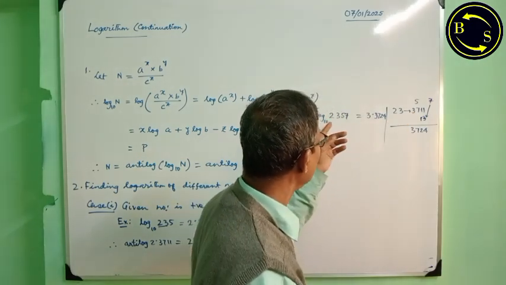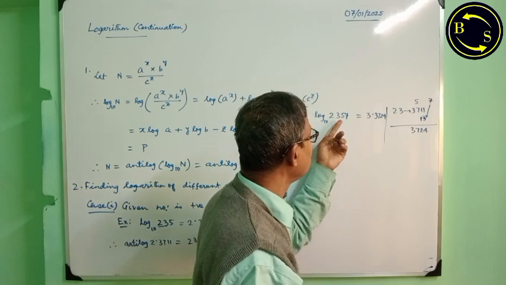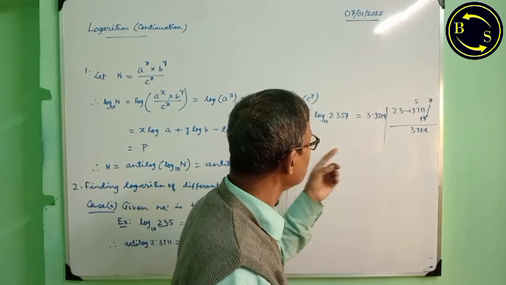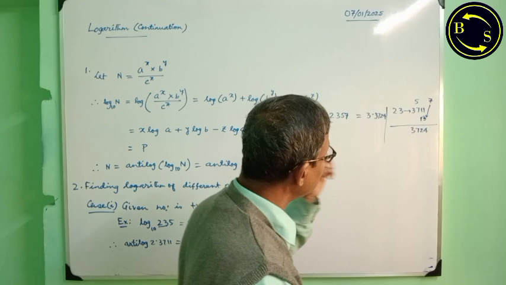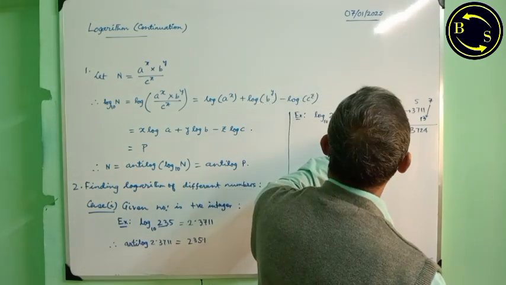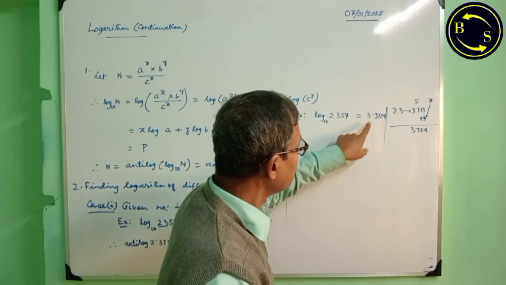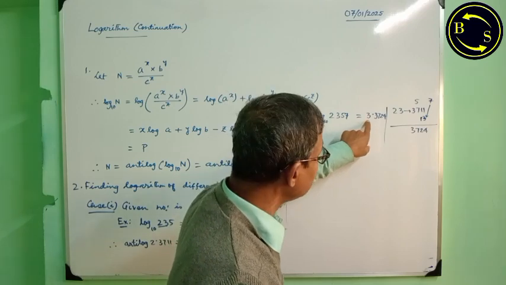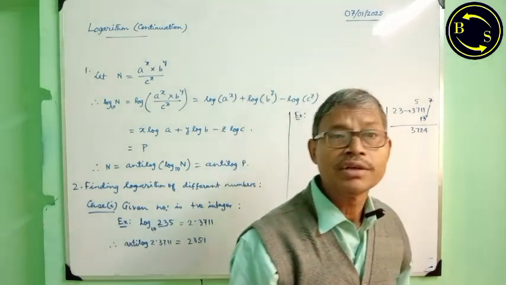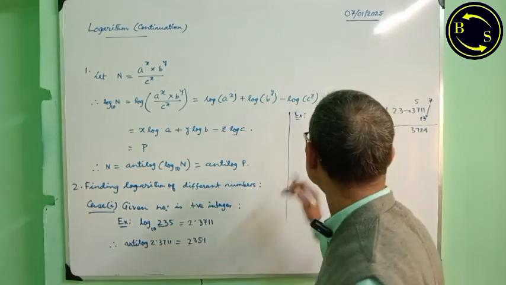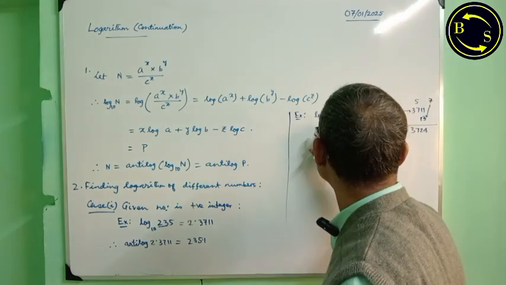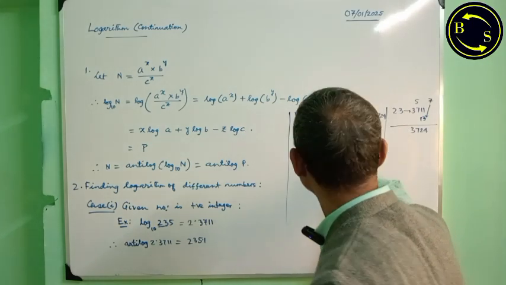Therefore, finally, the logarithm of 2357 is equal to 3.3724. Note that the characteristic determines the position of the decimal point. Thus, we have calculated the log of this one.